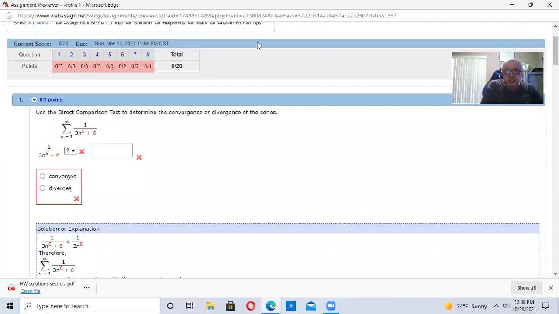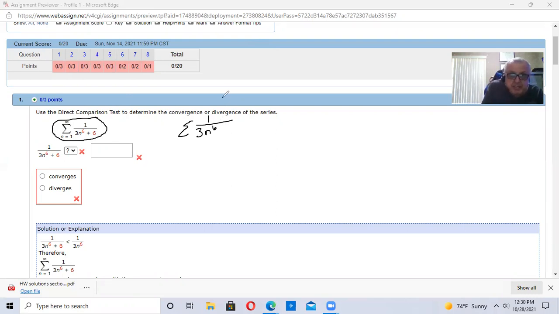So in this first one, this is the series we're trying to figure out if it converges or diverges. And once again, this is a very complex problem, but it's really similar to this problem. There's just not the +6 after it.